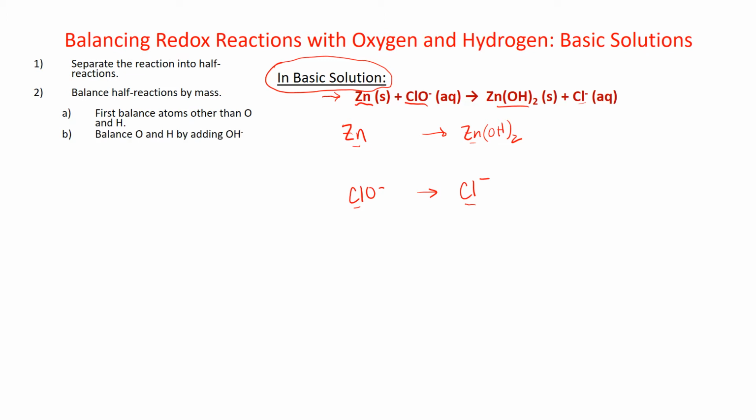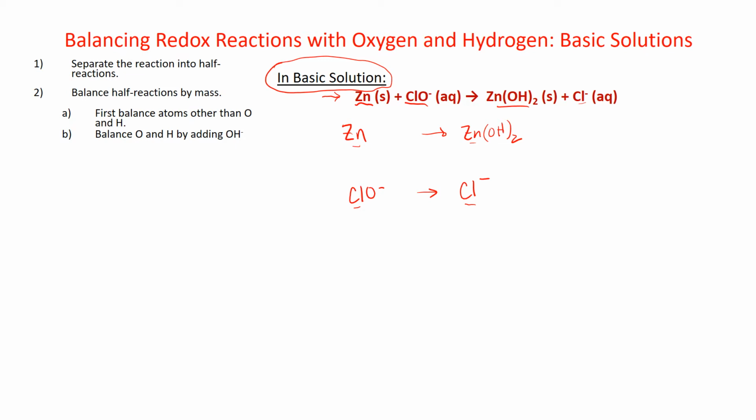And since this is occurring in basic solution, we have a lot of hydroxide ion floating around in that solution, and we're going to use that to actually balance our oxygen and our hydrogen. And there's two ways of doing this depending upon the form that you find your oxygen and hydrogen in the reactant and products that you're given.